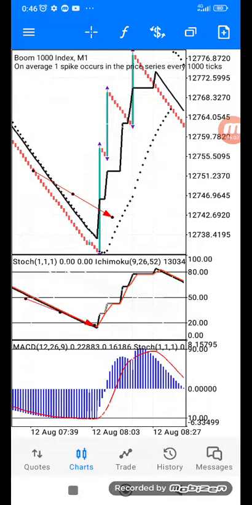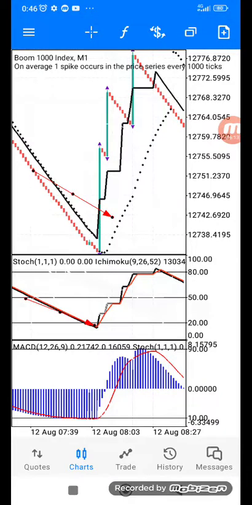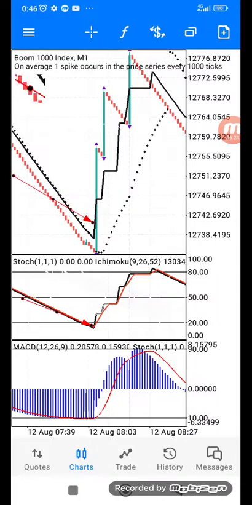So the next thing we are to establish on the main chart is our parabolic SAR below the candles. That's the second step. Now the third step we need to establish is to wait for a spike to happen. Here, if you look at this place, a spike happened and closed above the Ichimoku line.